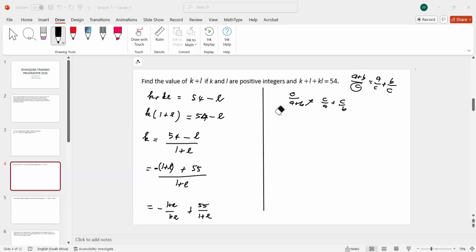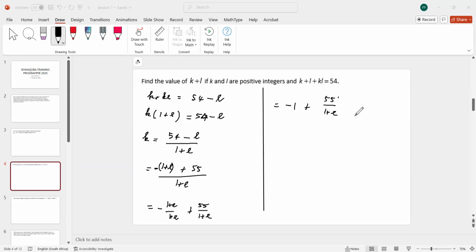Okay. Now, why is all this very nice? It's because the first one simplifies to just minus 1. So you get minus 1 plus 55 over 1 plus L. Now this is beautiful because I've got a number here, and this is an integer.